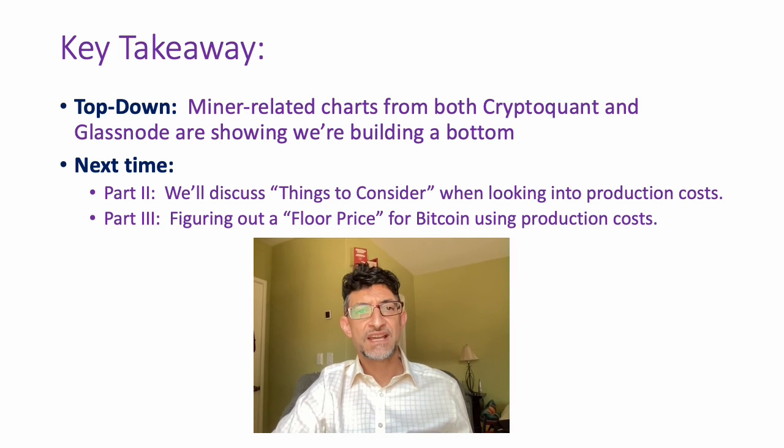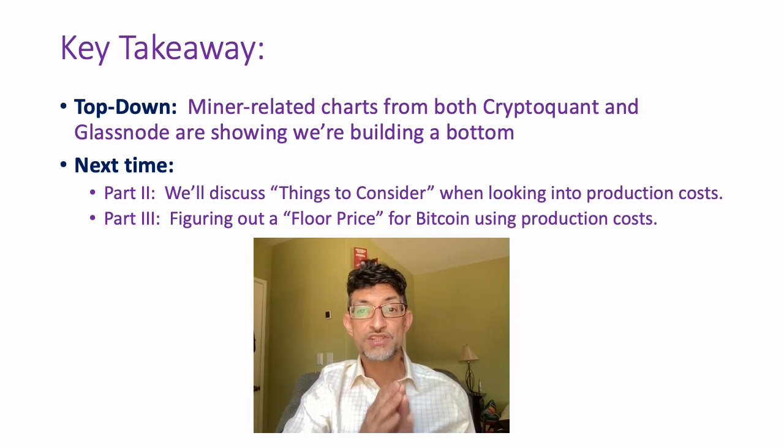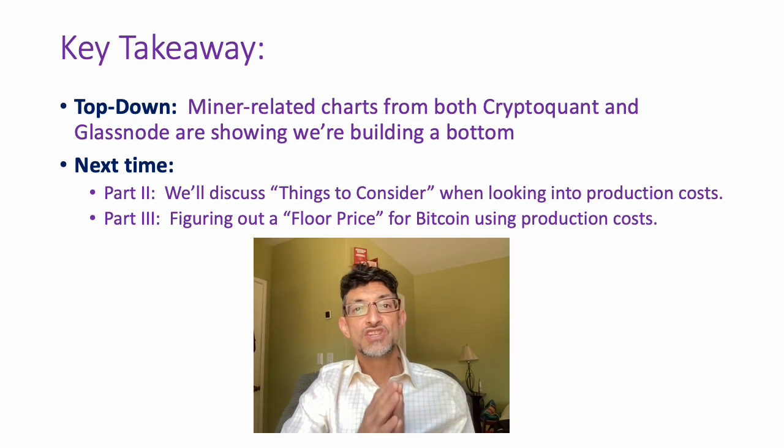So what are the key takeaways? Well, looking at Bitcoin production costs only top down, the top-down charts from CryptoQuant and Glassnode show that we're building a bottom. But I'm sorry to say, I don't think we hit a capitulation event where miners are in bad shape or going bankrupt.